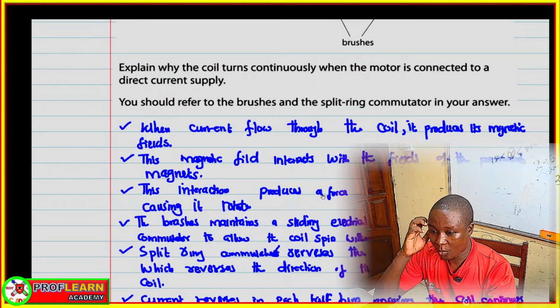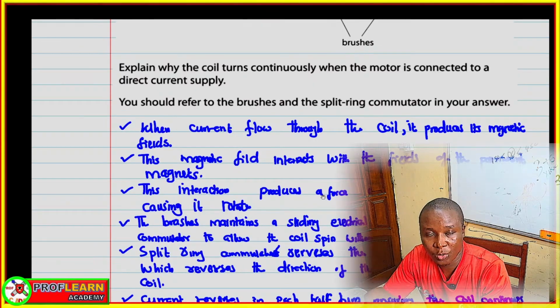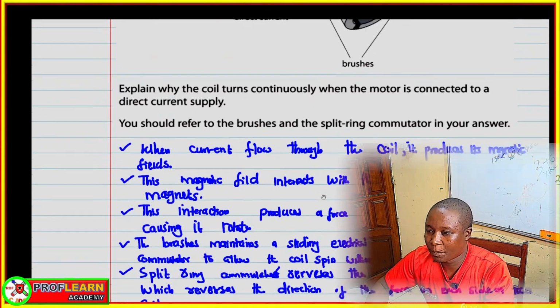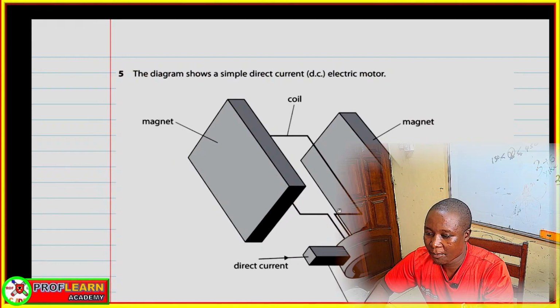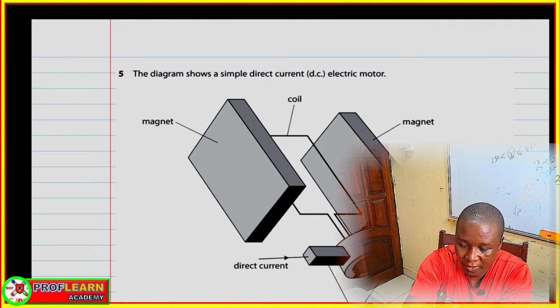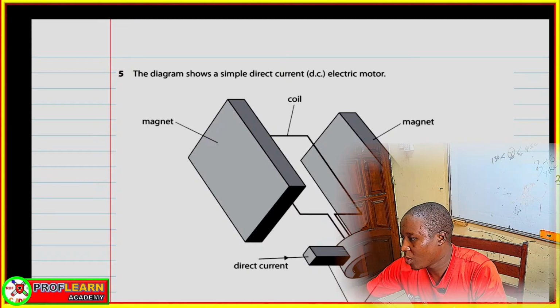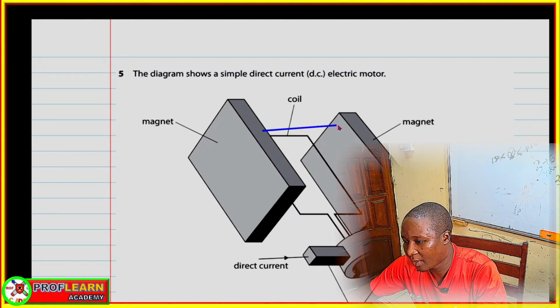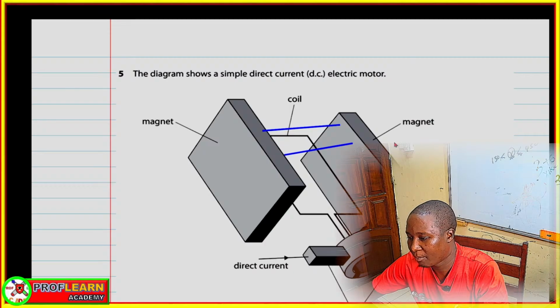So in this, we need to remember that when current flows through a conductor, and especially this coil that we are having here, the current is going to create electric fields around that particular conductor. And when those electric fields interact with the fields of the permanent magnet, then we are going to have a force produced. So we are going to say that we have magnetic fields here. From the permanent magnet, we shall have magnetic field.